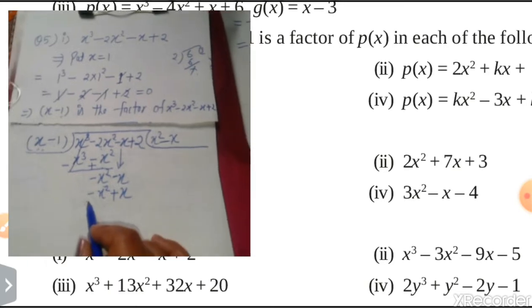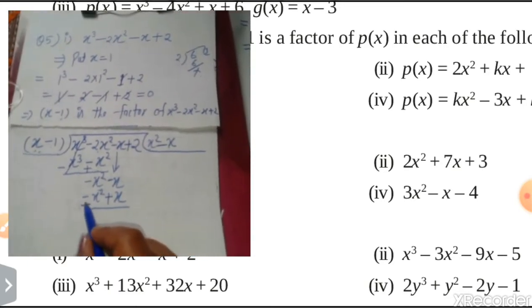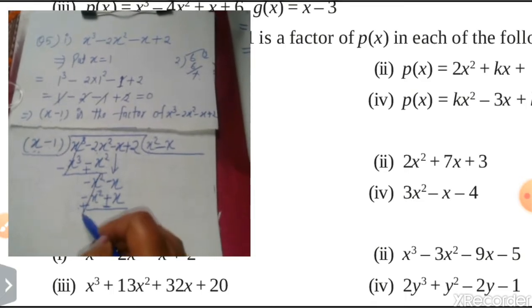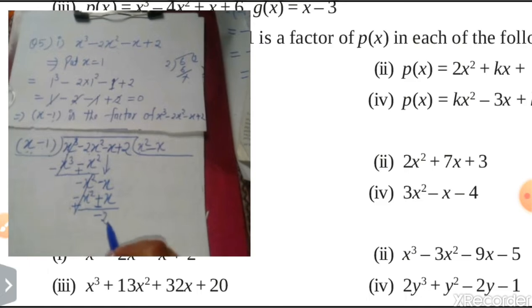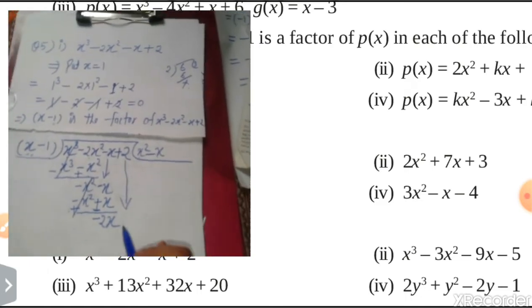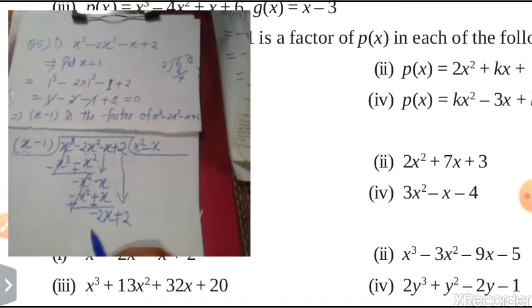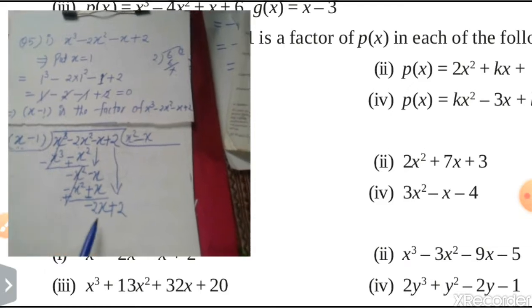Again you will see that when we subtract it, the sign will be changed, it will be positive, it will be minus, these will cancel each other, and both are negative, therefore these will add and it becomes minus 2x. Now again we write 2 down, so we write plus 2. Now we again multiply x by such a number to get minus 2x.